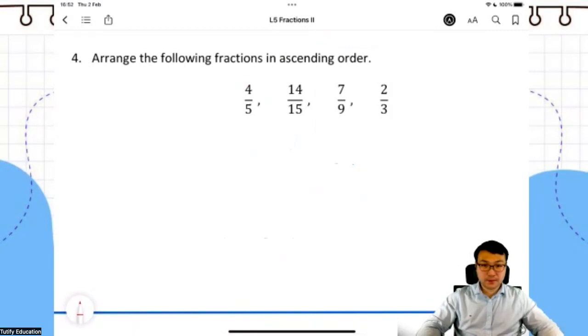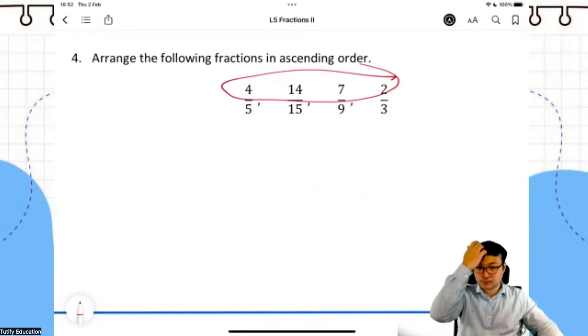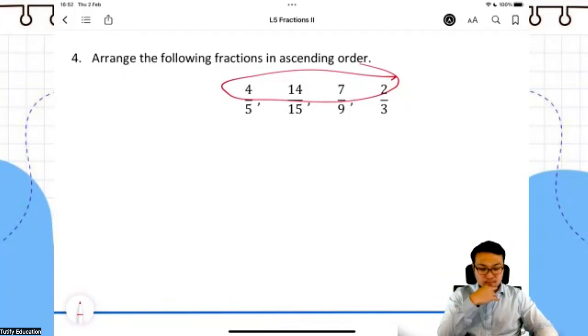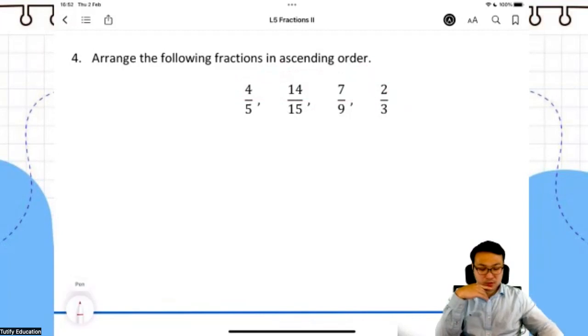What would be the lowest common multiple between all of these? 14. No. Almost. Try the next multiple of 14. 28. So 4 times something equals 28.